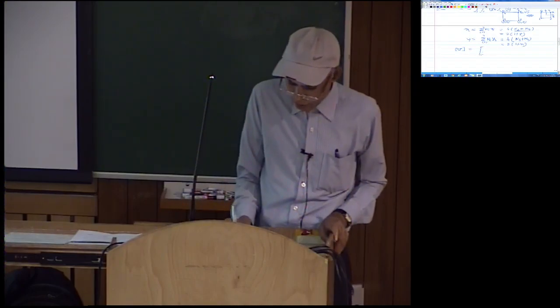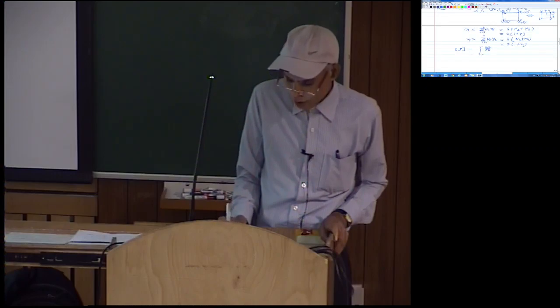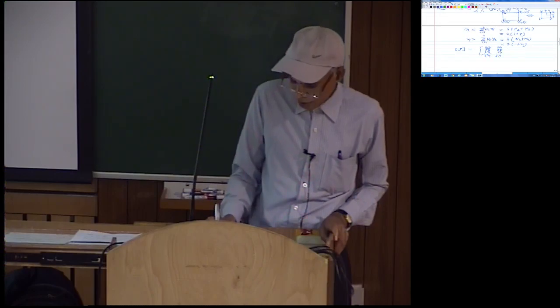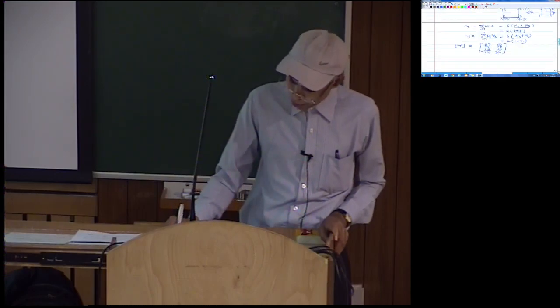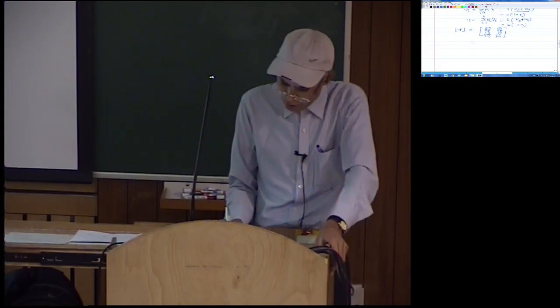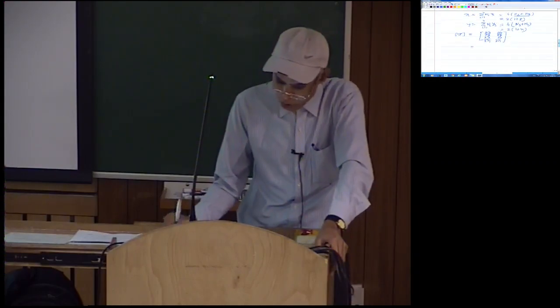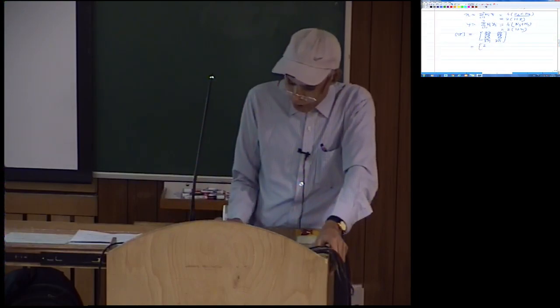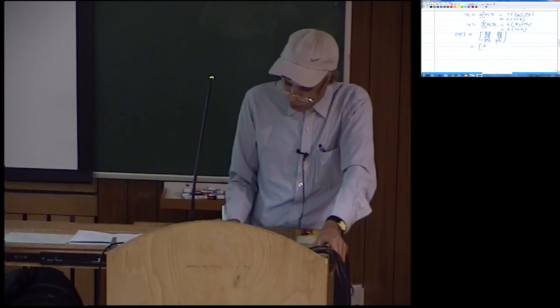Then J is ∂x/∂xi, ∂y/∂xi, ∂x/∂eta, ∂y/∂eta. I think on the back side of the question paper I had given J, thinking that someone might forget the expression for the Jacobian. Now ∂x/∂xi is obviously 2, and ∂y/∂xi is 0, no xi term here.